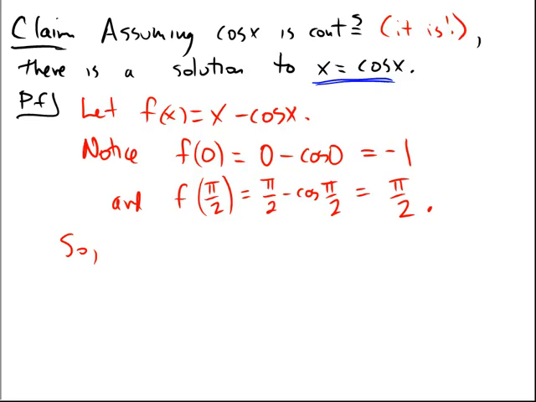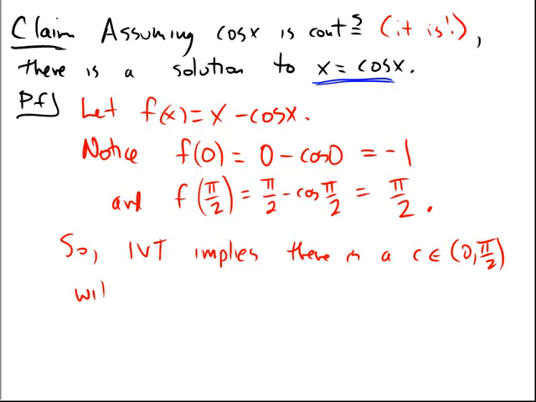So IVT implies there is a c in the interval from 0 to pi over 2 with f of c equal to any number I want between -1 and pi over 2.